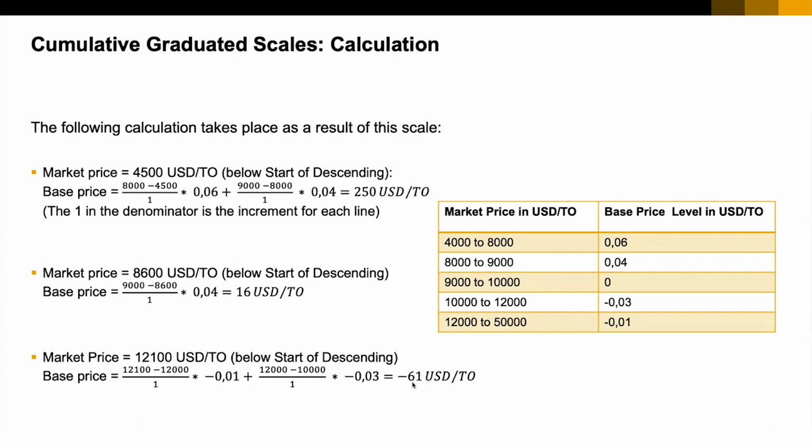And this is negative 61, which is a discount on top of the final price calculated in the document. So this is the idea behind the cumulative graduated scale, and the system will do this calculation all based on how you maintain the scales. It will be done by the system itself.